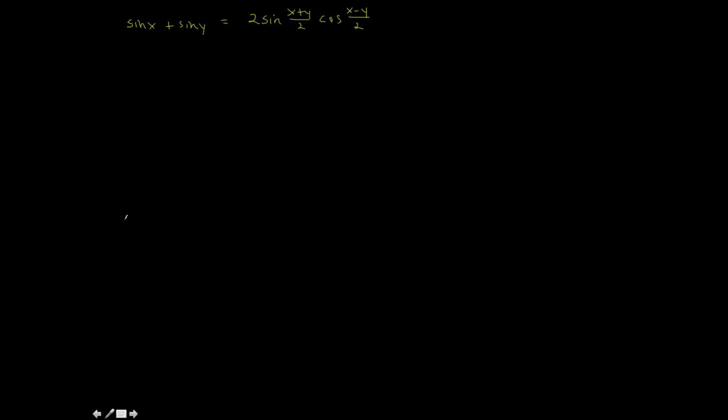Okay, and there's sine x minus sine y, and it is 2 cosine of x plus y over 2, and sine of x minus y over 2.